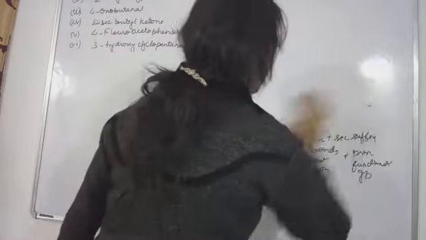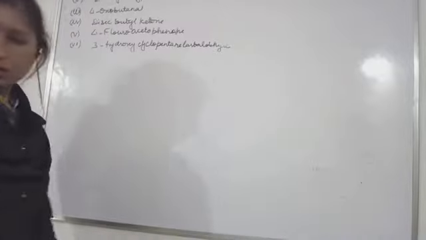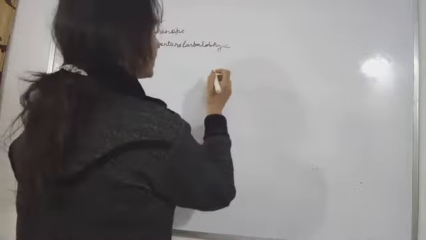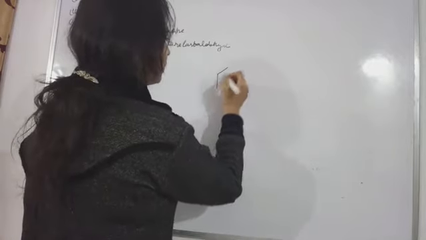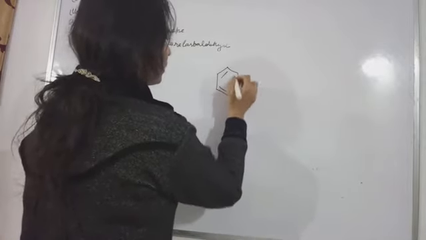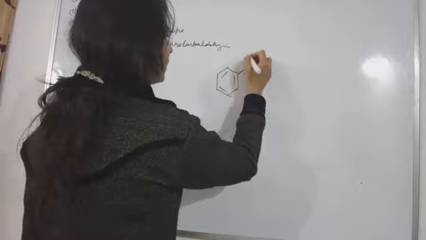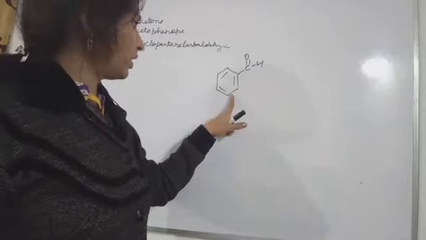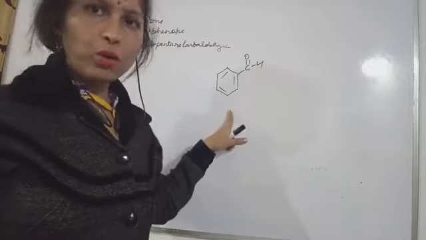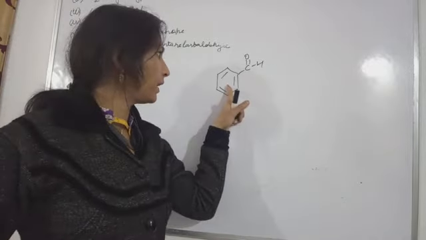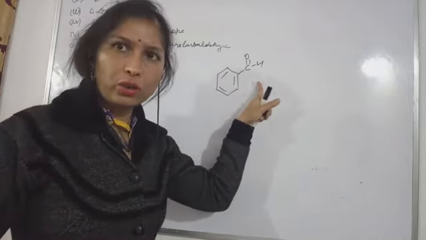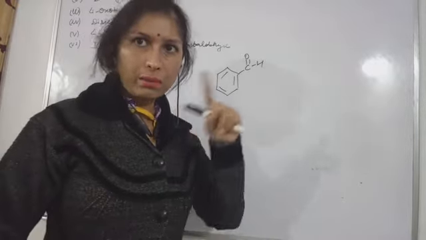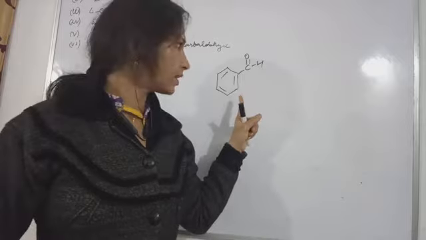Some more common names. Let me tell you, we have seen acetone and acetic acid. If your benzene ring is attached with an aldehyde group, then what name are you going to give it? The more appropriate name will be benzene carbaldehyde, because I told you the carbon is not counted in the parent chain, as the cyclic structure is the parent chain.